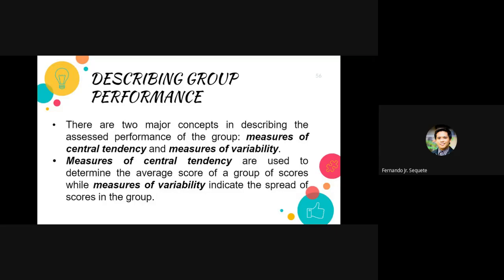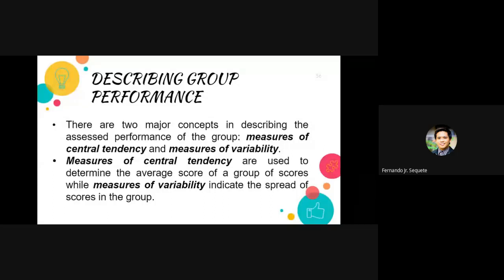When we say measures of central tendency, everyone, these are used to determine the average score of a group of scores. All we have to do is identify the middle score, and measures of variability indicate the spread of the scores in the group.